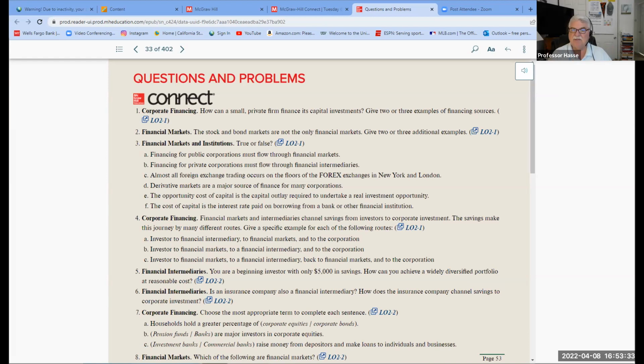Secondly, another example of financing resources for small private businesses is getting credit from your vendors, credit from your suppliers. In other words, yes, you owe me $10,000 for some supplies, but you know what? Pay me 8,000 and I'll be happy. So they're giving a credit to them to buy certain supplies. It's called trade credit.